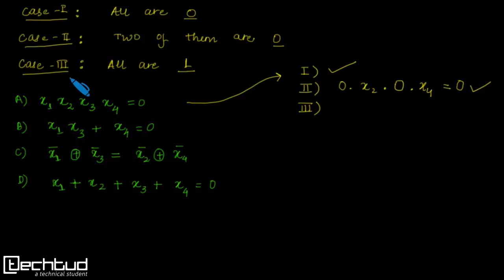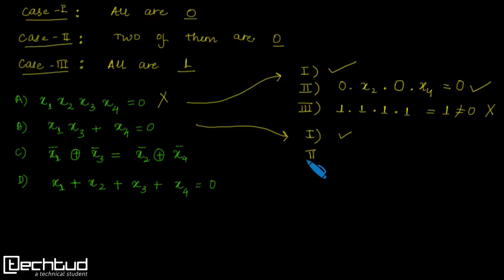Now, for case 3, when all of the Boolean variables hold the value 1, this option becomes false. Why? Because 1 ANDed with 1, ANDed with 1 and ANDed with 1 will give us 1, which is not equal to 0. Therefore, option A is false. Now for option B, for case 1, when all of them are 0, this holds true.